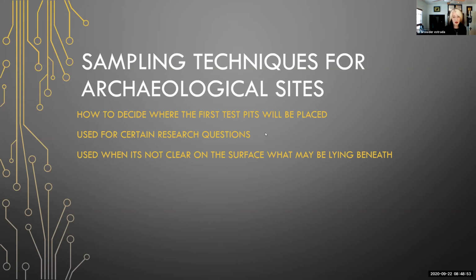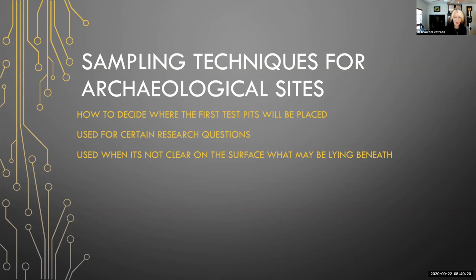So, certain research questions. If there's been an archaeological site, like the one in your chapter 3 reading, the site known as Teotihuacan in central Mexico, sampling techniques are not really necessary anymore because they've been working on the site for about a century.